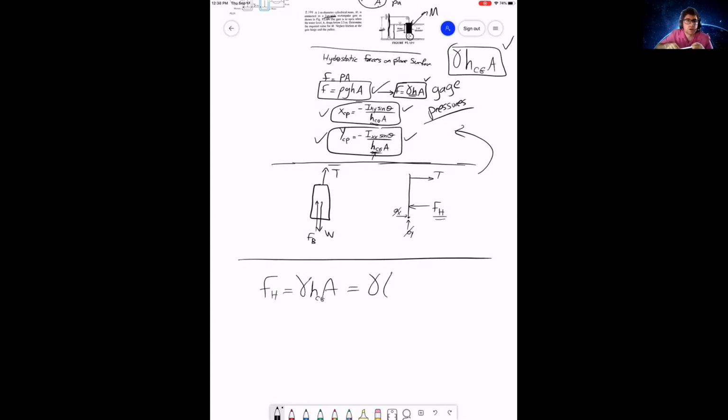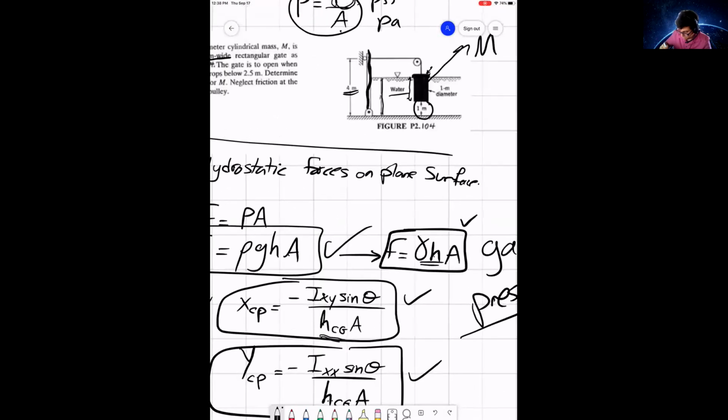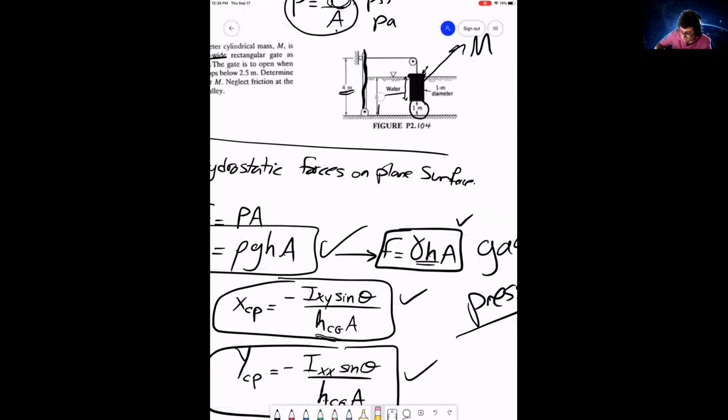And what's the height of the center of gravity in this problem? The height of the center of gravity. We're trying to find it, all right? Yes, we're trying to find it. So if you look at this problem, let me zoom in and try to make it clear.